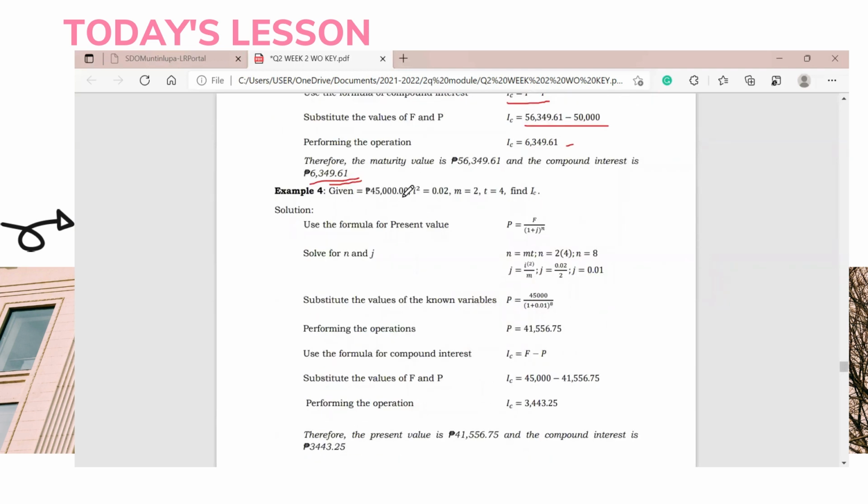Example number 4. Given that 45,000 is the future value, base dito sa example niya, this is the F, and then I is 0.02, M is equal to 2. So, since M is equal to 2, this is compounded semi-annually.